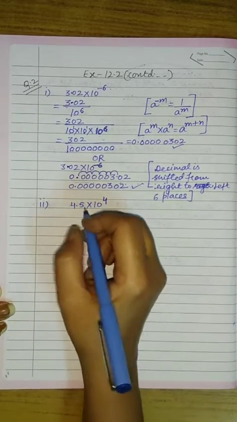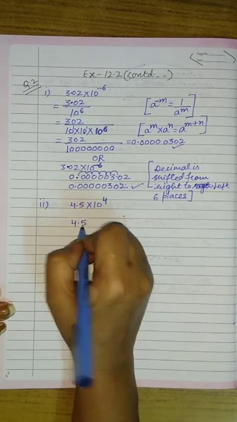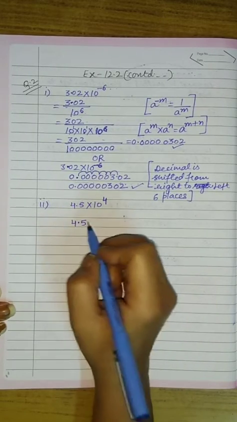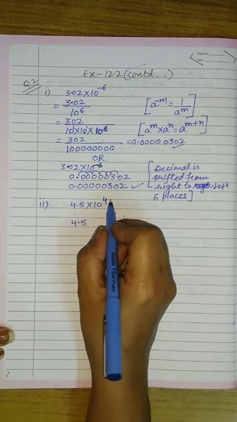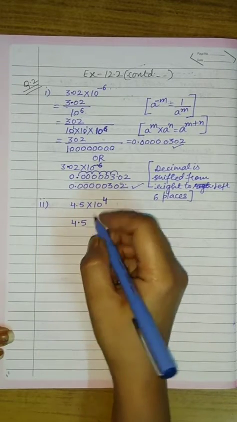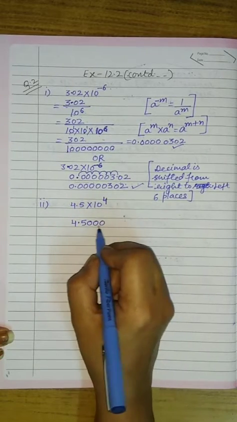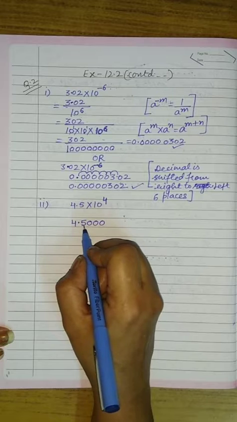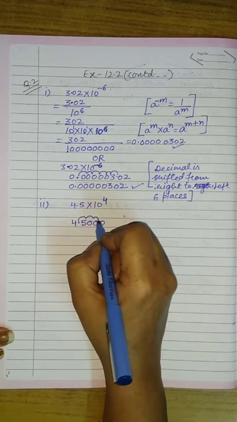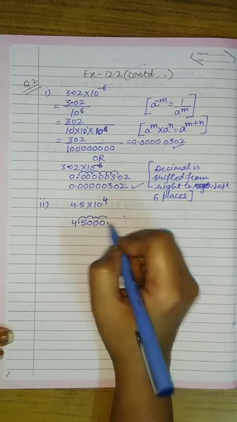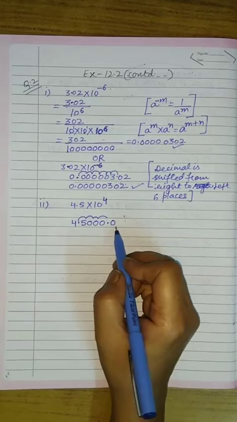So we will write it as 4.5. Now we will shift the decimal from left to right. How many places? 4 places. So 1, 2, 3, we will put 3 zeros because already we have one digit 5 here. When the decimal is shifted 1, 2, 3, 4, it will be outside the number, then it will be written as decimal and 0.